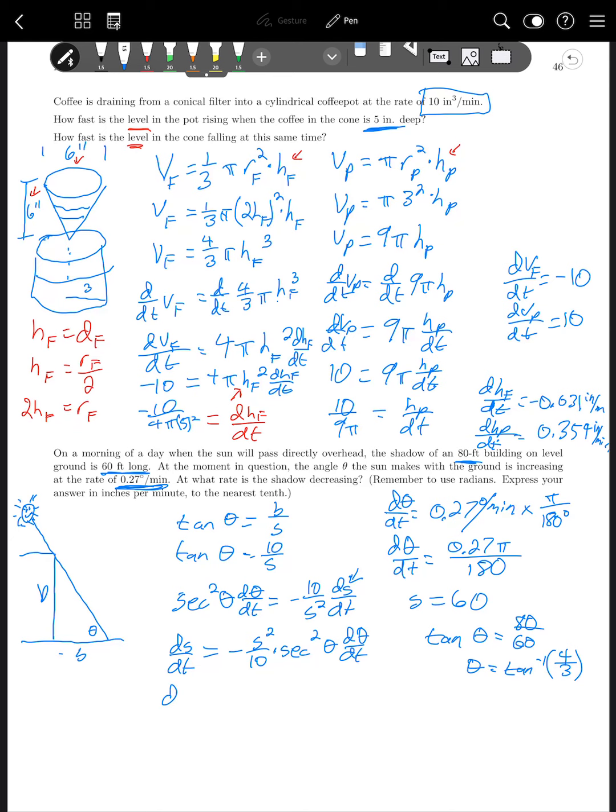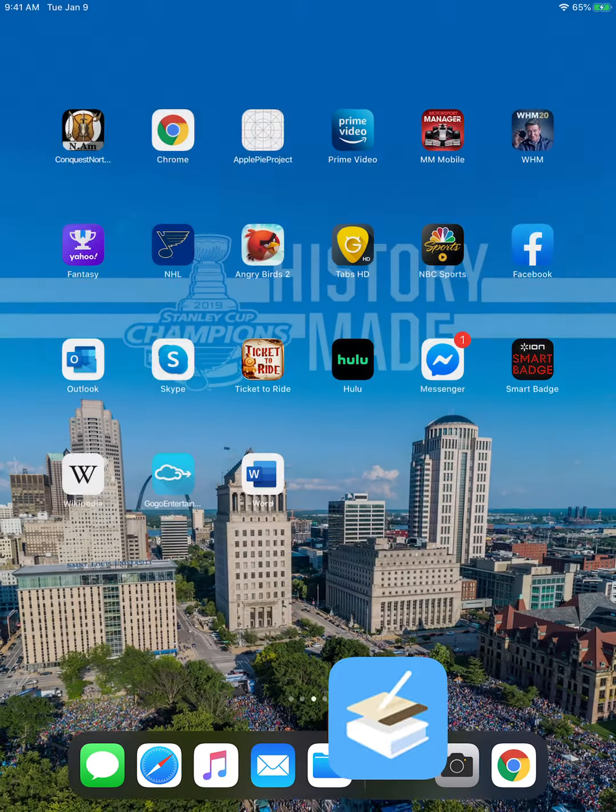So this is going to be the rate at which the shadow is changing, is going to be negative 60 squared over 10 times secant squared of inverse tangent of 4/3 times 0.27 pi over 180. And like I said, you could type that all in your calculator exactly like that.